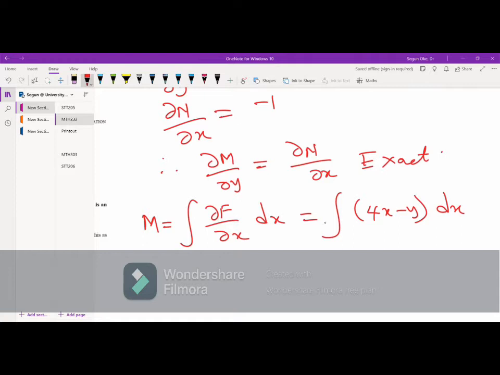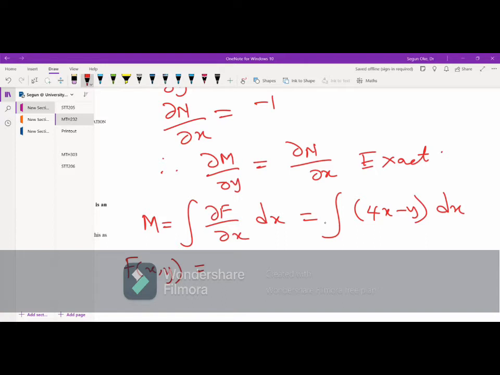So we need to integrate this with respect to x before we find g of y.